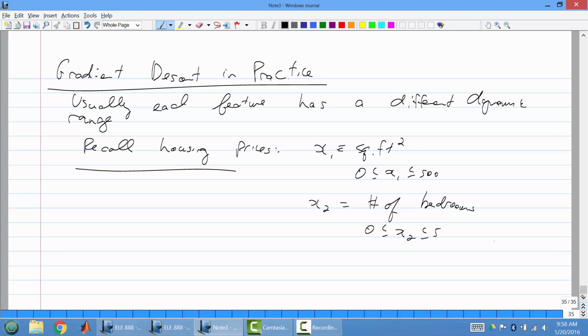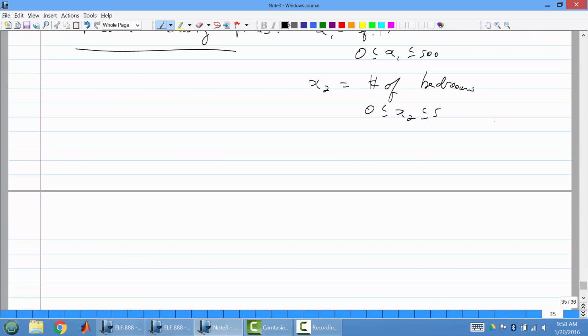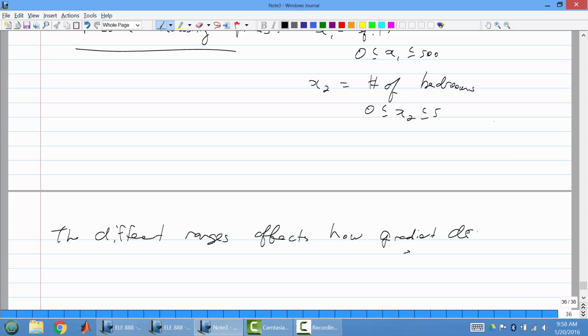So let me just make one more note. We'll take a break here. All right. So the different ranges affect how gradient descent converges.